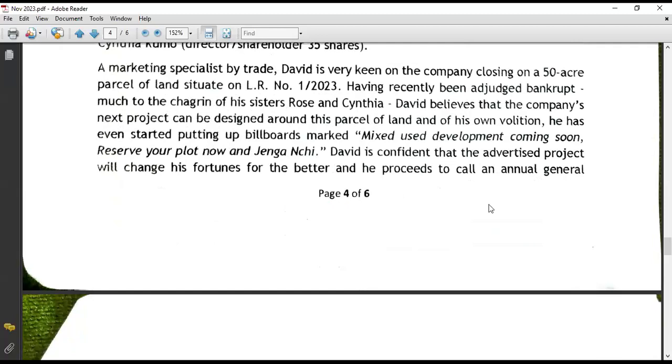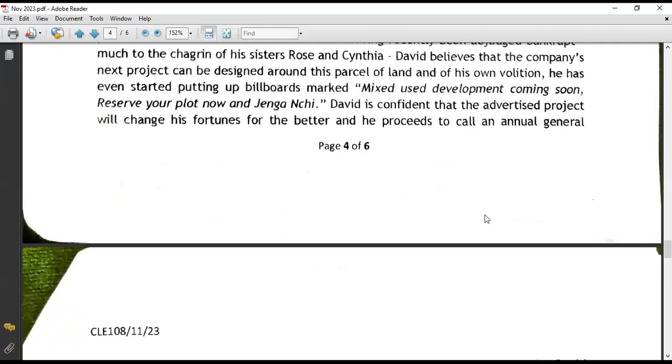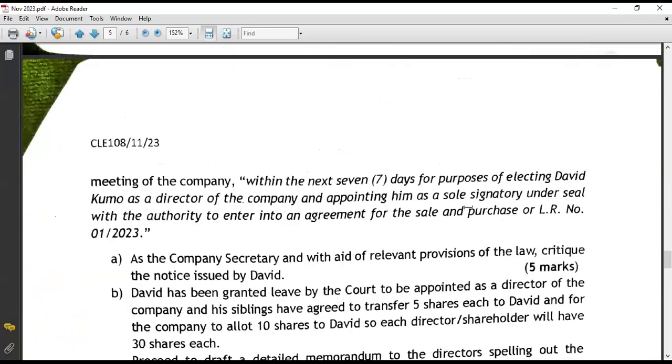David is confident that the advertised project will change the fortunes for the better, and he proceeds to call an annual general meeting of the company on short notice, within the next 7 days, for the purposes of electing David Kumo as a director of the company and appointing him as a sole signatory under the seal with authority to enter into agreement for the sale and purchase of LR number 102/2023. As company secretary, with aid of relevant provisions of the law, critique the notice issued by David.